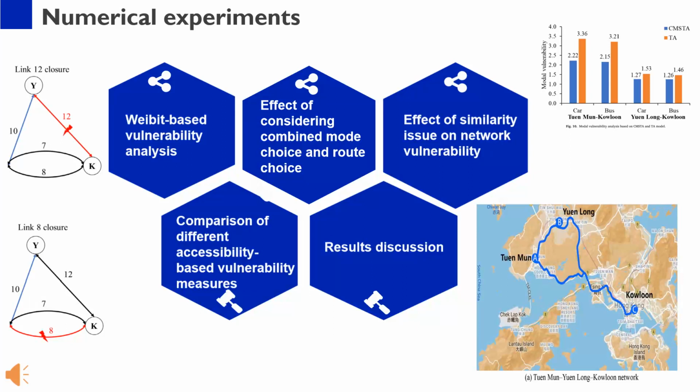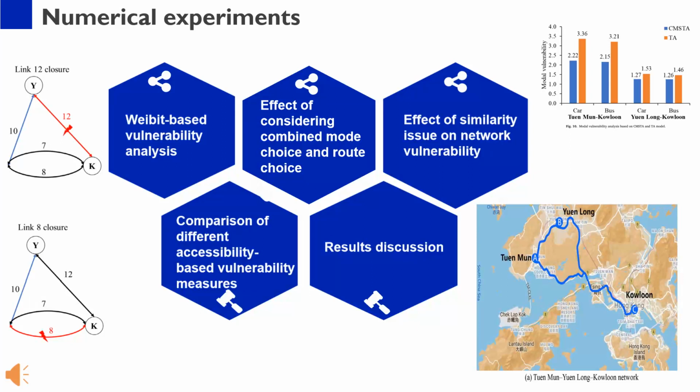The third section assesses the weibit-based measures under disruption scenarios S2 and S3 to demonstrate the importance of considering the similarity issue at mode and route choice dimensions in vulnerability analyses. The fourth section further illustrates the advantages of the proposed weibit-based vulnerability analysis via the comparison with the vulnerability analyses based on other random utility models and other types of accessibility measures.